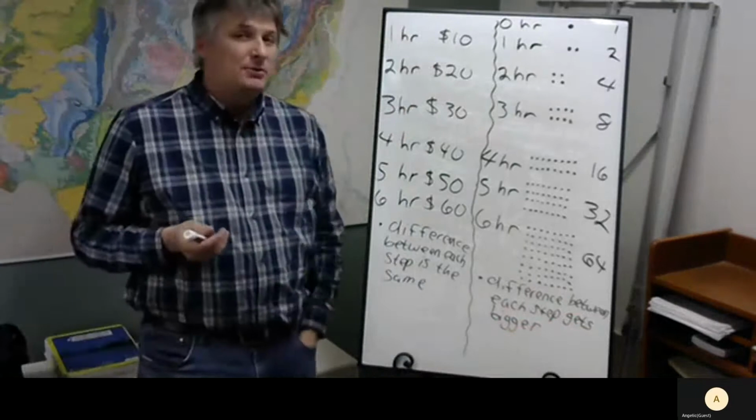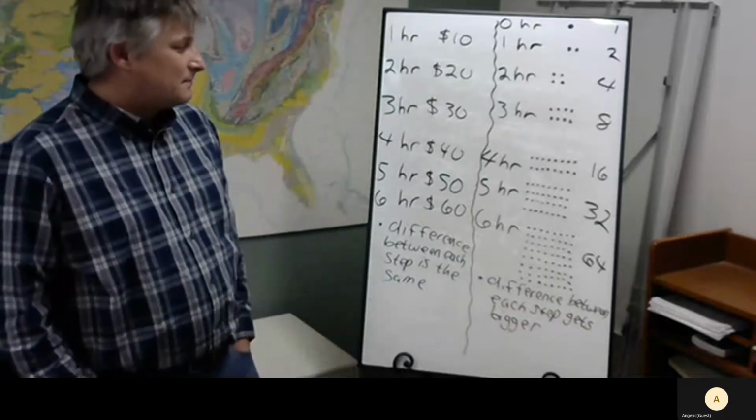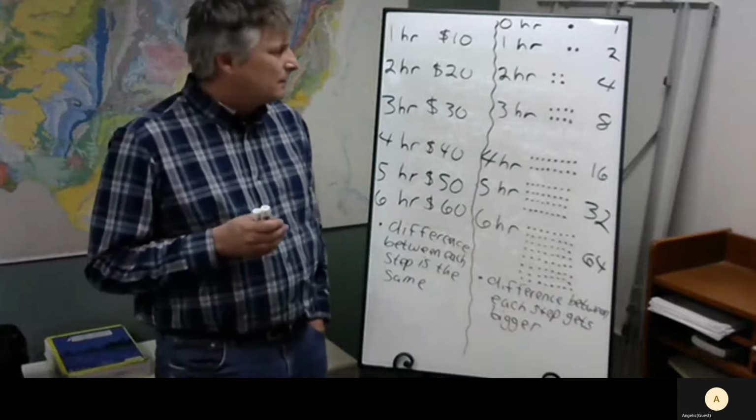So it's just 2 types of growth that you'll see sort of in the outside world. And I want to try to understand both.